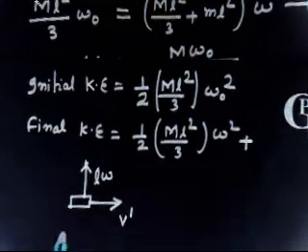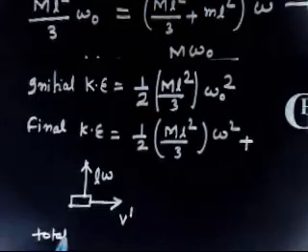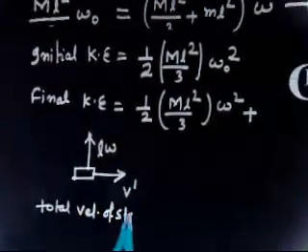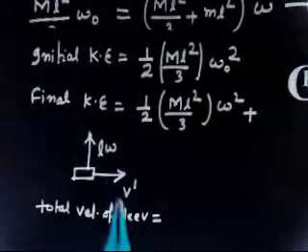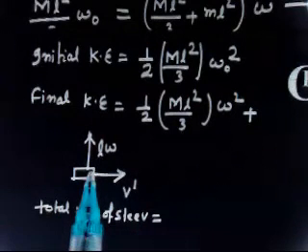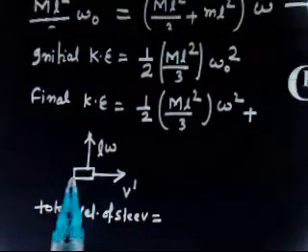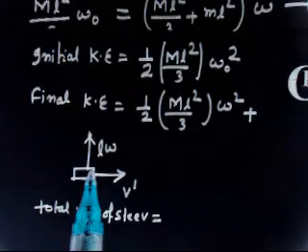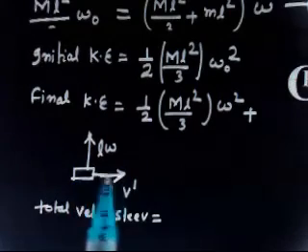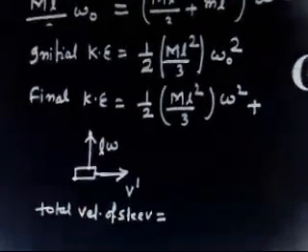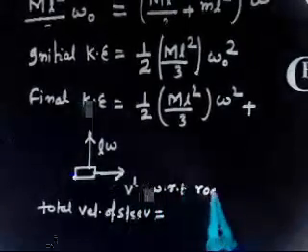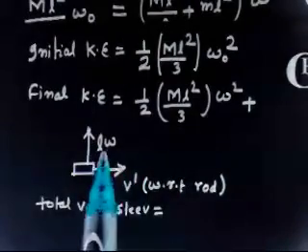So the total velocity of the sleeve will be the resultant of these two velocities. This is the velocity with respect to the rod, and this is the velocity of the sleeve again because of the circular motion. So you see, this sleeve has two velocities, this velocity plus this velocity. This is with respect to the rod, but the rod is itself moving in a circular path.